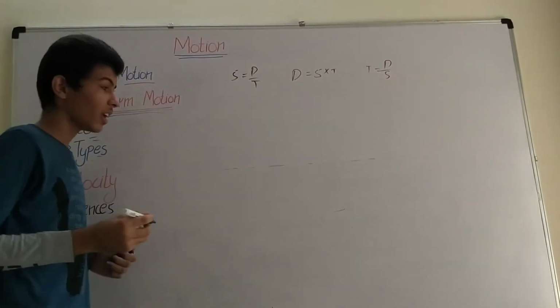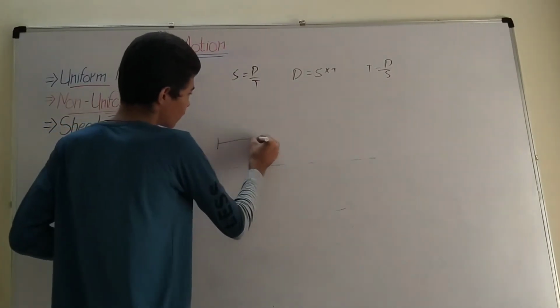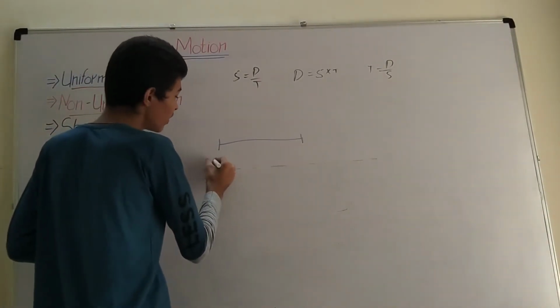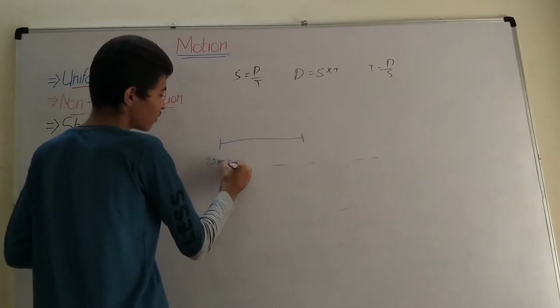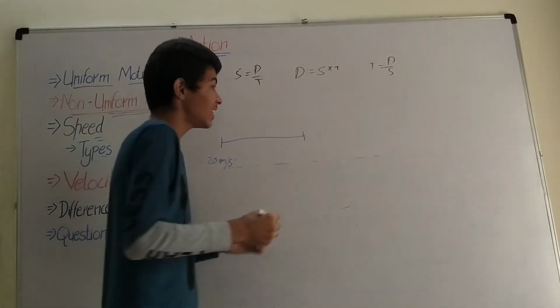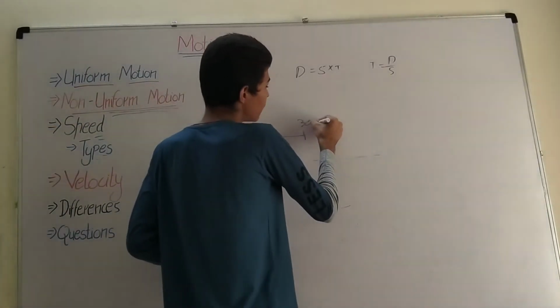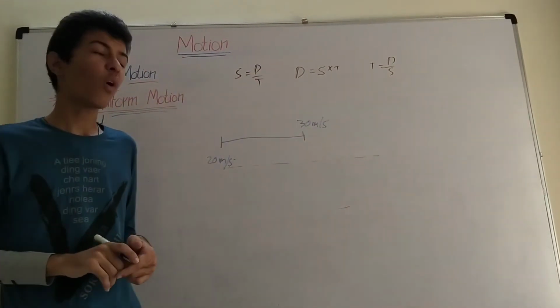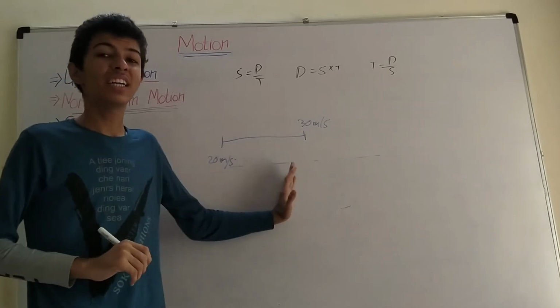What happens if a body was initially moving with 20 meters per second of speed, and then it changes its speed to 30 meters per second? Can you tell me the average speed at which it traveled?